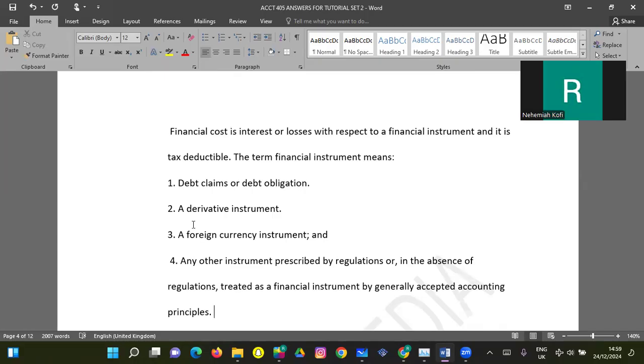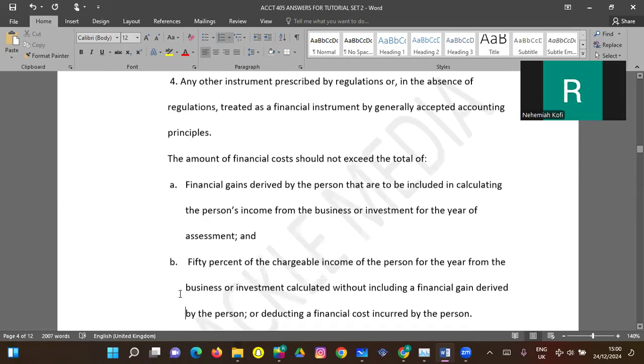Debt claims is more or less like you are going to receive some money, and debt obligation is like you are going to pay some money. Then a derivative instrument, as we know already, a foreign currency instrument, and any other instrument prescribed by the regulations, treated as a financial instrument by generally accepted accounting principles.